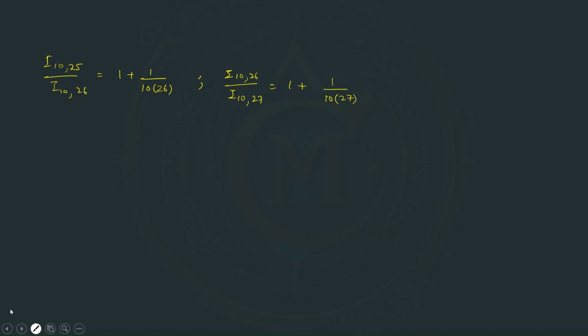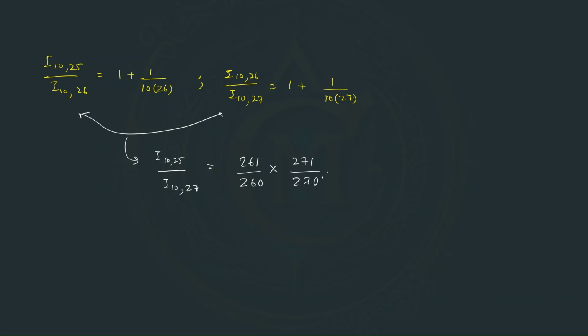So if we multiply these two, then we get I of 10 comma 25 divided by I of 10 comma 27 is equal to 261 divided by 260 times 271 divided by 270.